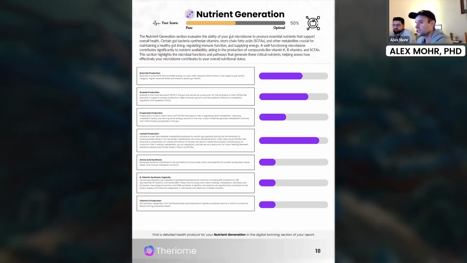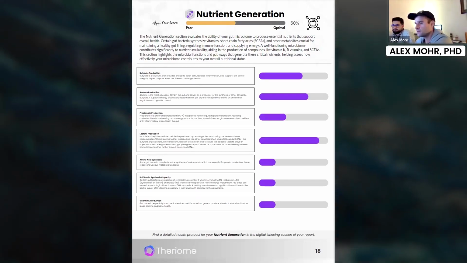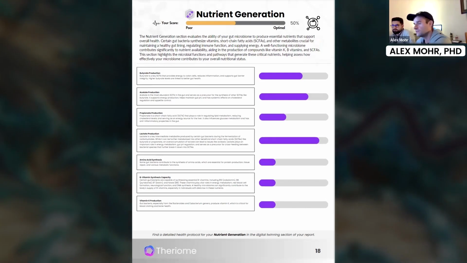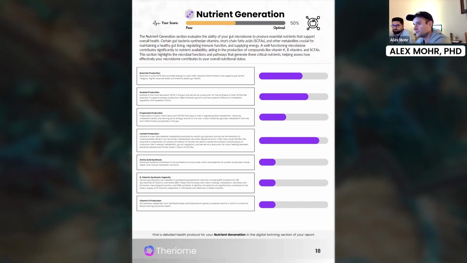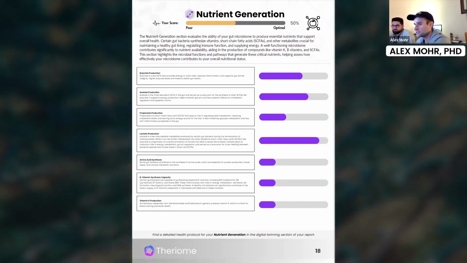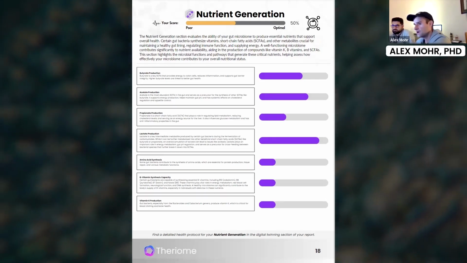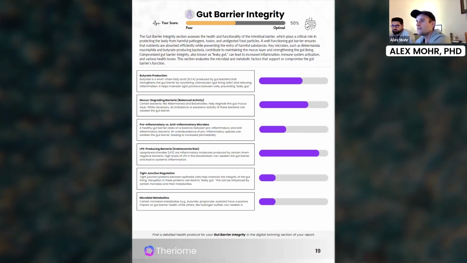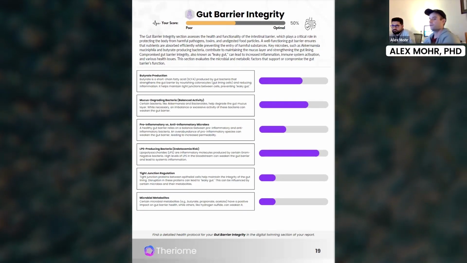So nutrient generation, we know that the microbiome not only contributes in terms of fuel substrate via short chain fatty acids, as I have here, the main constitutional ones, but also modulations of amino acids and some important vitamins such as the different B vitamins and of course vitamin K. And then we have the gut barrier integrity.